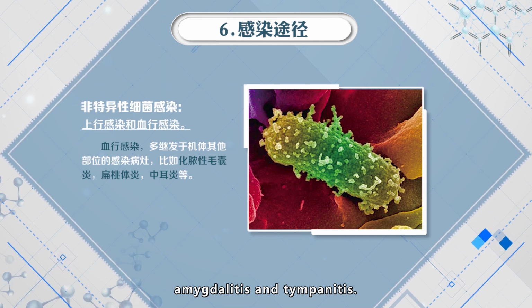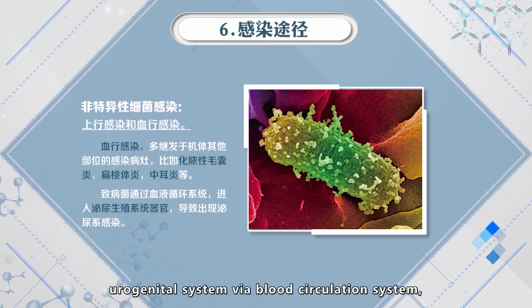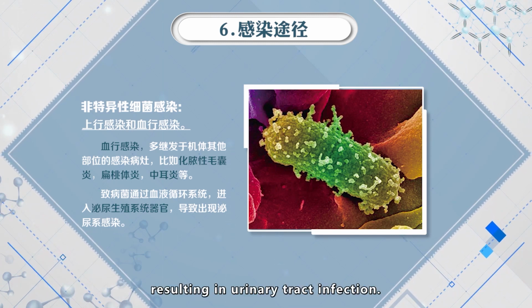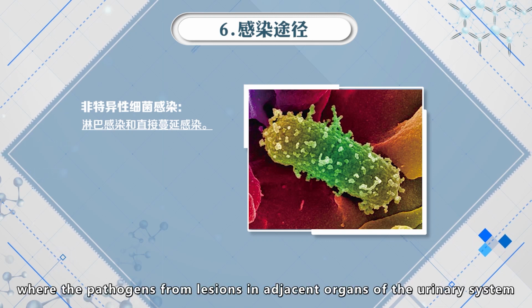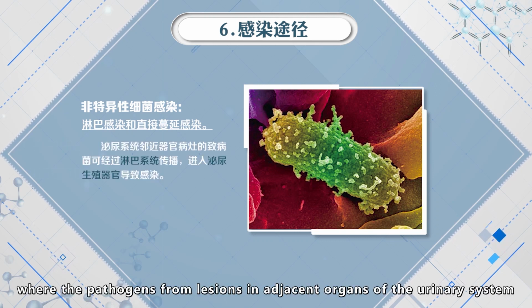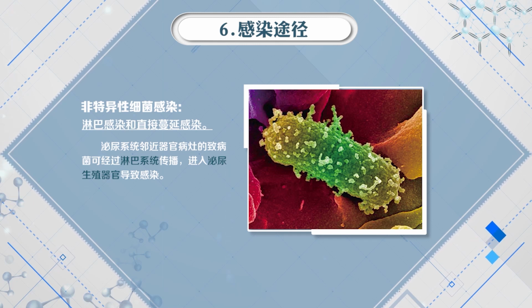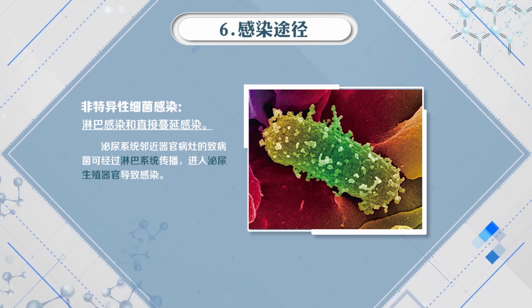tonsillitis, and tympanitis. Pathogenic bacteria enter the organs of the urogenital system via the blood circulation system, resulting in urinary tract infection. Additionally, lymphatic route and direct invasion route are also included, where the pathogens from lesions in adjacent organs of the urinary system can spread via the lymphatic system and enter the urogenital organs to cause infection.